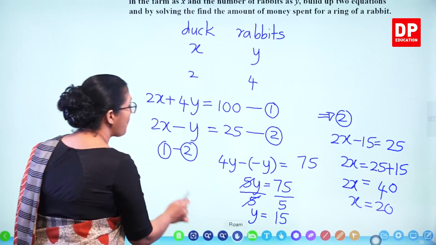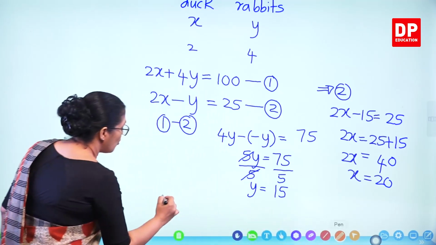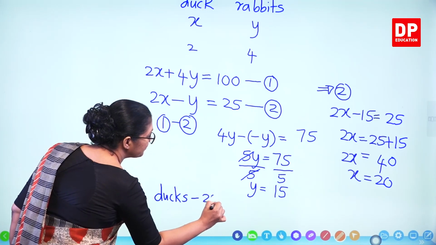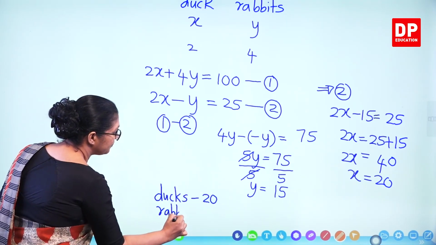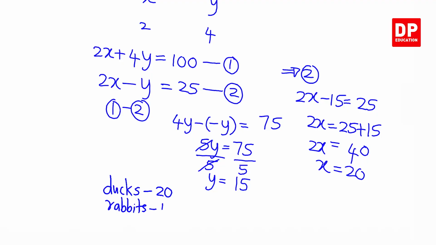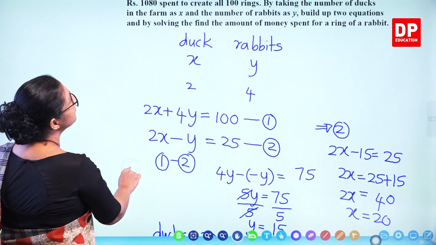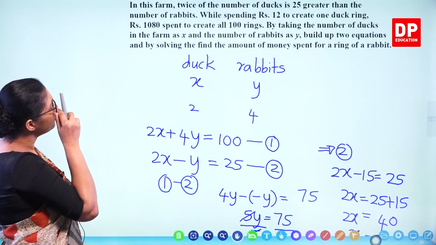X means number of ducks. So you get 20 ducks and 15 is the number of rabbits. So that's the first part, solving the two equations.